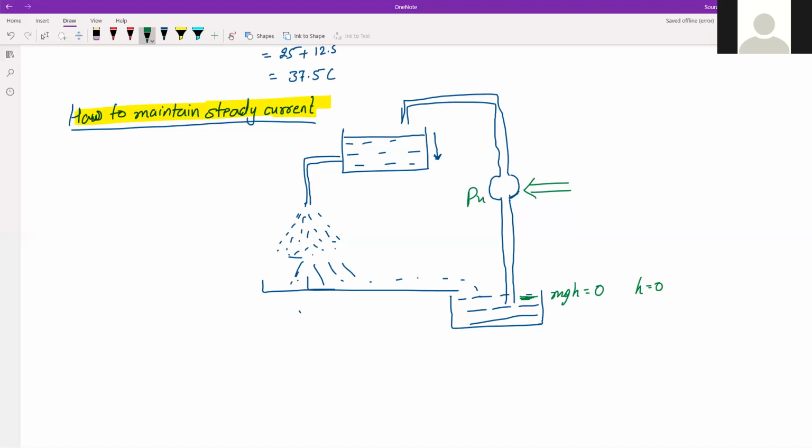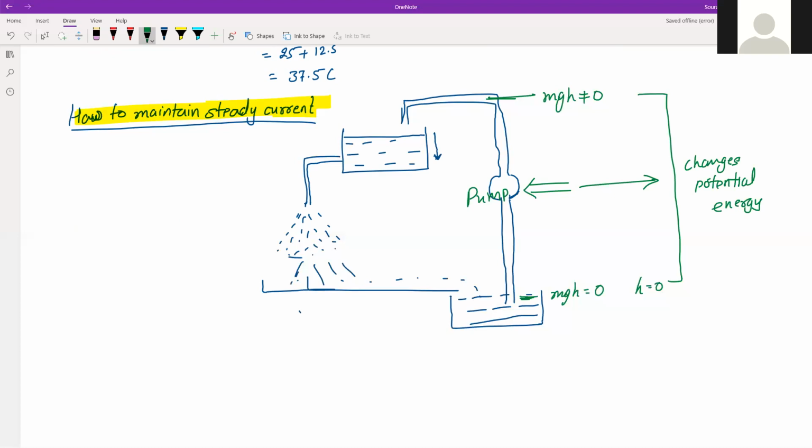So this is a pump. What it does is lift the water and bring it here. So here mgh is not equal to 0. So what happened here? It changes the potential, or potential energy, both. Who does it? This pump does it.